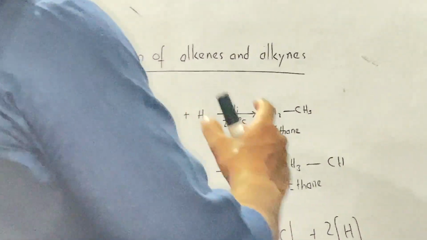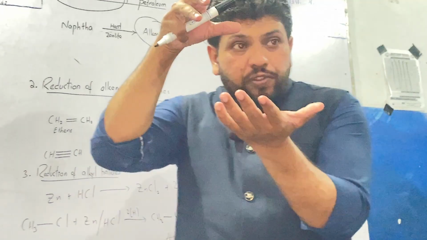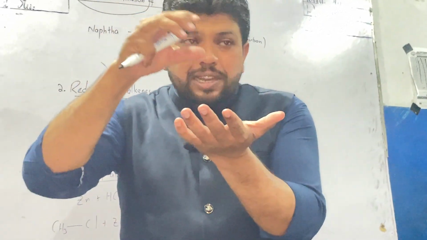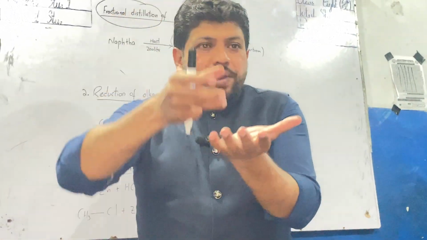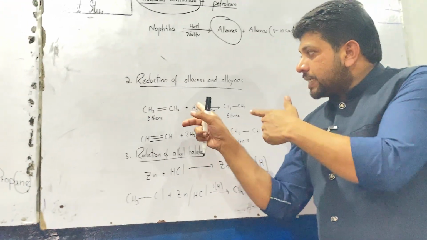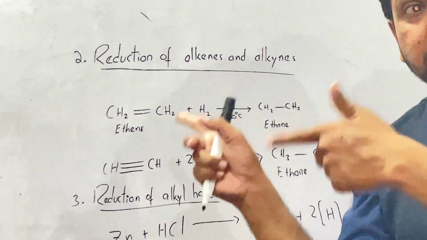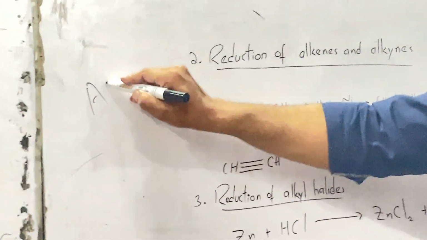Look, what is meant by reduction? The addition of hydrogen, the addition of electrons or the removal of oxygen is known as reduction. It is against oxidation. Okay, this is an addition reaction, and it is also known as hydrogenation.